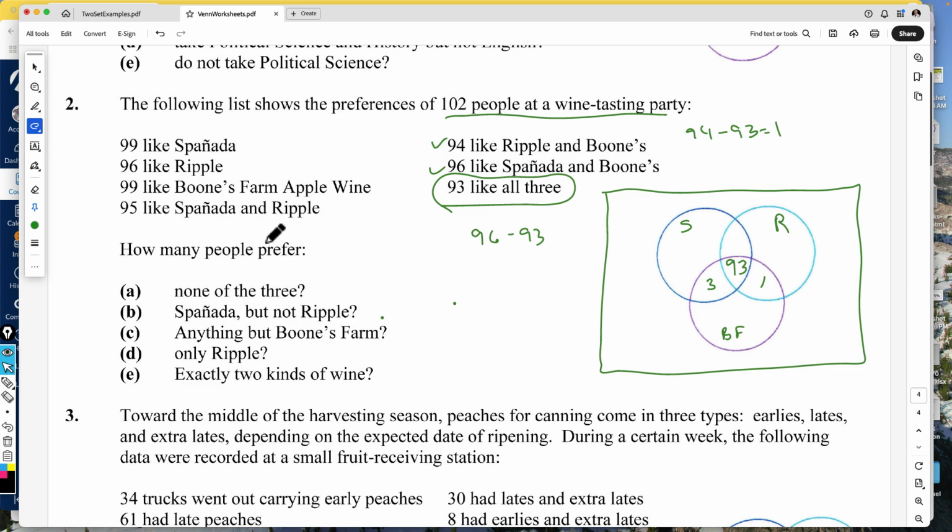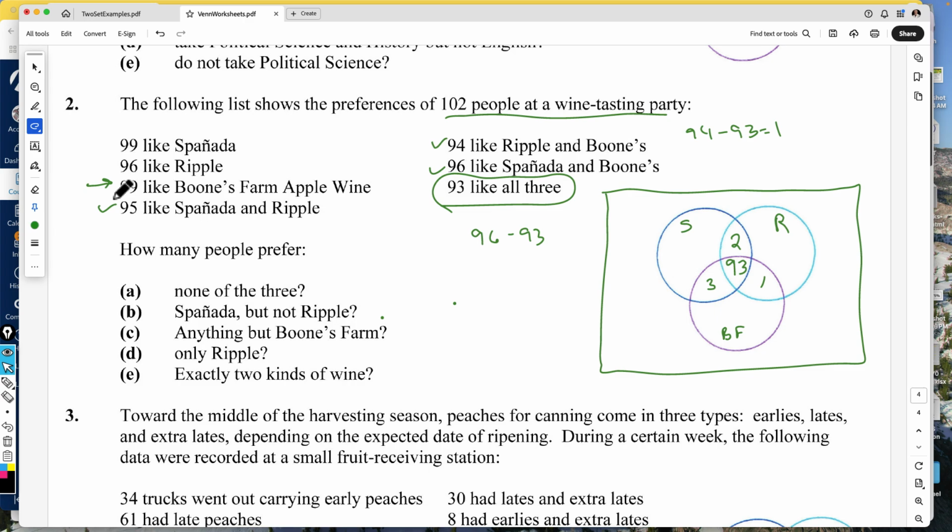And then 95 like Spaniata and Ripple. Spaniata and Ripple would be this football-shaped area. How many, sir? 2. There we go. 95 minus 93, 2 are in that region. Excellent. Now, we've got 3 more pieces of information. 99 like Boone's Farm apple wine, not the pickled tink or tickled pink.